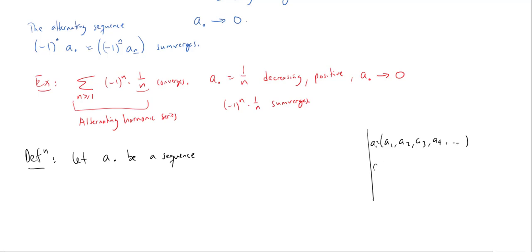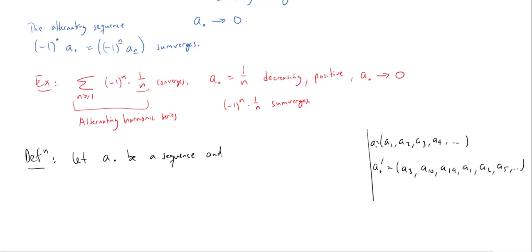So maybe I write down some a prime, which is going to be a3, a10, a14, a1, a2, a5. You'll notice I'm not repeating any of them, and hopefully I'm going to get everything eventually. So what I've done is permuted all of the positive integers, which means I have a bijection of the positive integers to themselves.